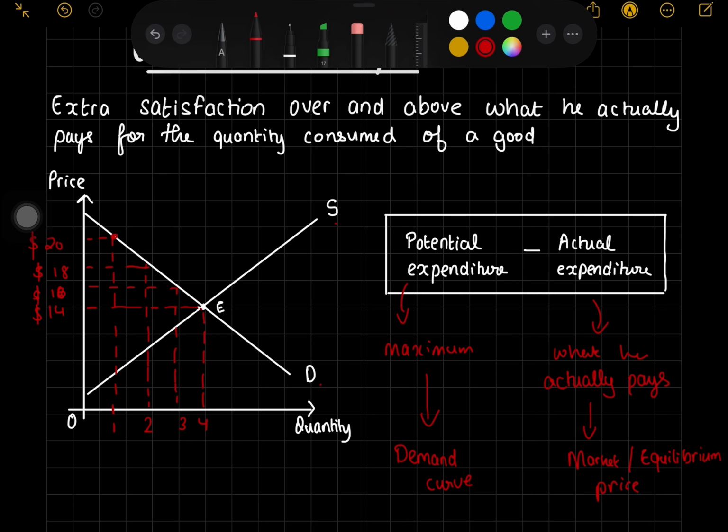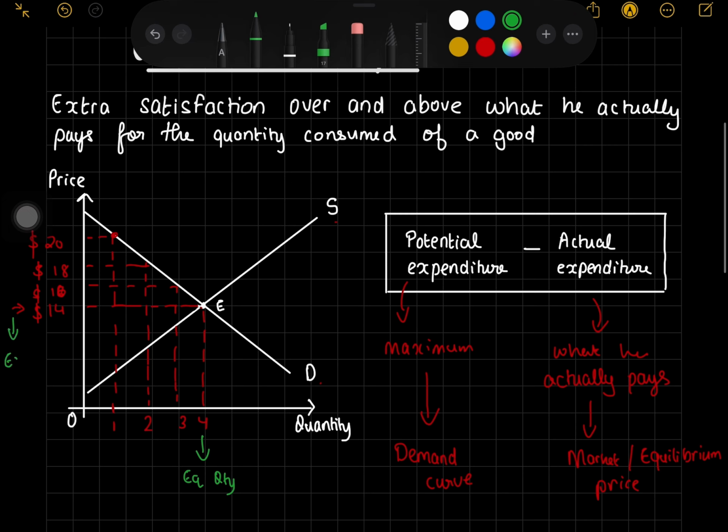However, what is he actually going to pay? He is actually going to pay $14 for all the units consumed, because this is what we call the equilibrium quantity, and $14 is what we call the equilibrium price.